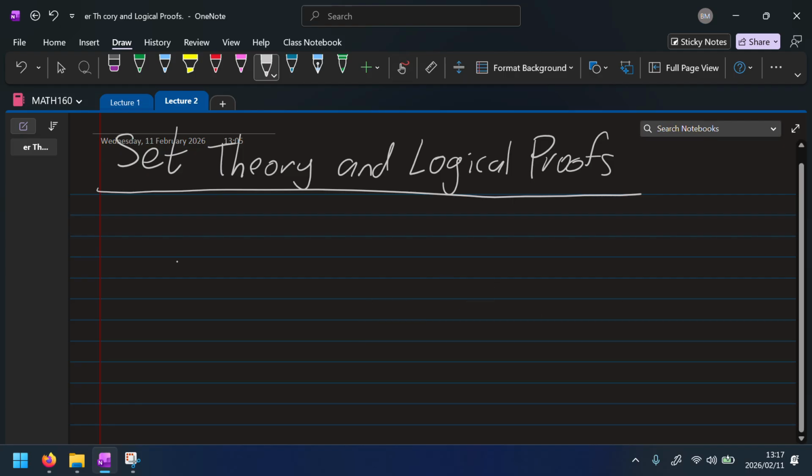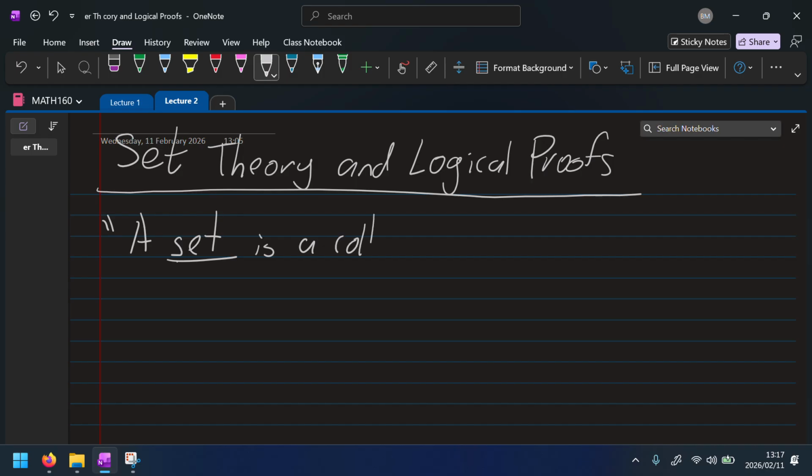Okay, so this is a very rough definition, so just keep this in the back of your mind as we go through this. A set is a collection of objects. Very rough definition, but you should be familiar with this from high school.